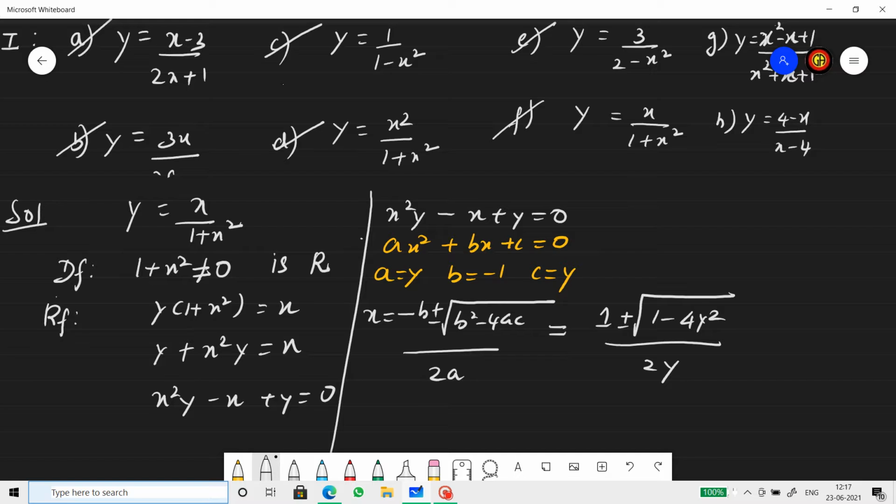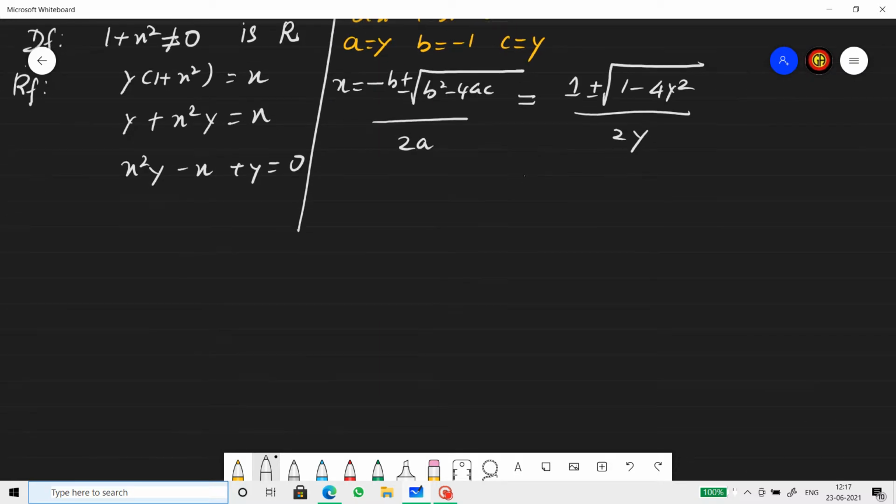Now again let's proceed with the number line way. Root over 1 minus 4y square should not be negative, right? So 1 minus 4y square should be greater than or equal to 0. So 4y square minus 1 should be less than or equal to 0.